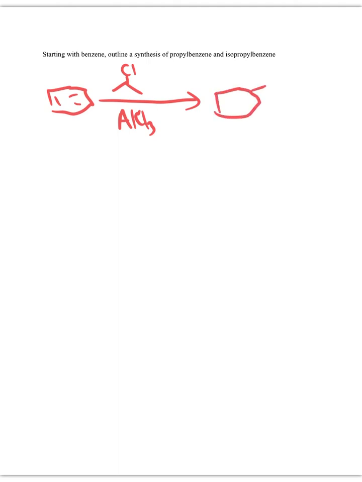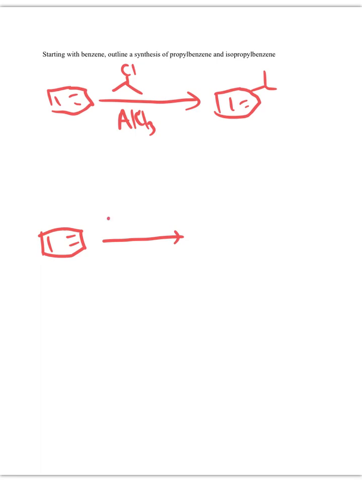Then the next page, starting with benzene, outline a synthesis of propyl benzene and isopropyl benzene. The isopropyl benzene is easy because we can just use the Friedel-Crafts alkylation and do it directly and make the isopropyl benzene. The other one, the propyl benzene, we cannot do that easy.